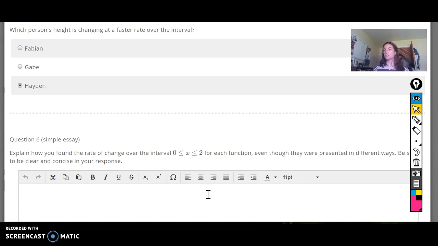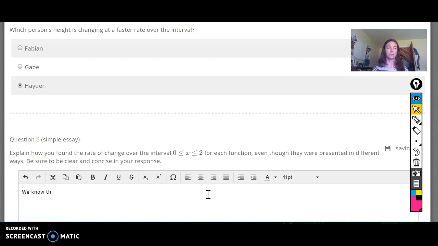So let's see, I definitely have time to answer this. This is a little bit confusing. There's more than one way to do this. You can actually find the rate of change between when each person took off at 0 and 48 and where they were exactly at 2 seconds. You can do that, or you can do it the way that we did and find out which person hit the water the fastest.